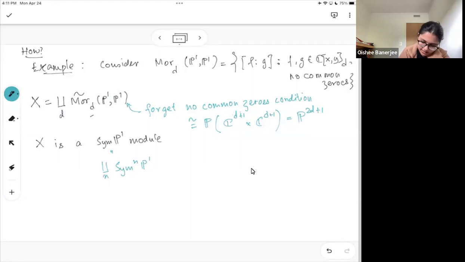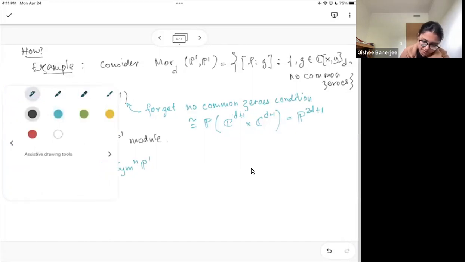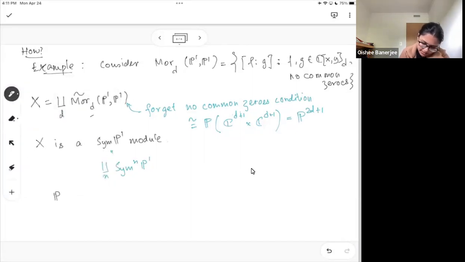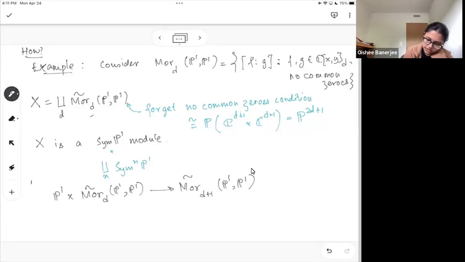Okay, and the module structure is given by these maps where suppose you have a point (a, b) on P1, right?